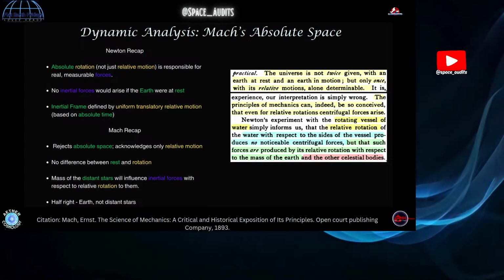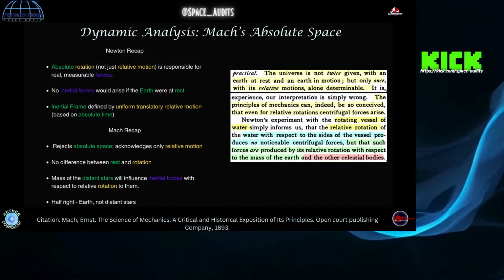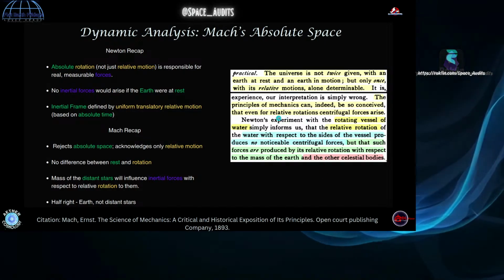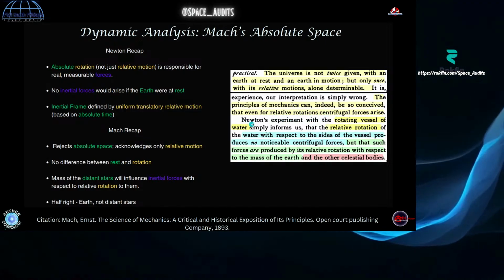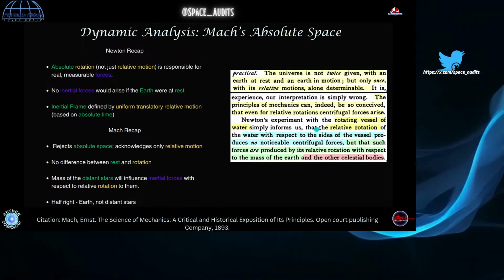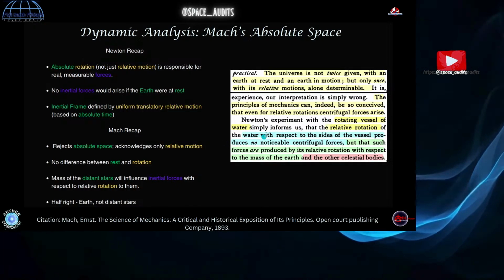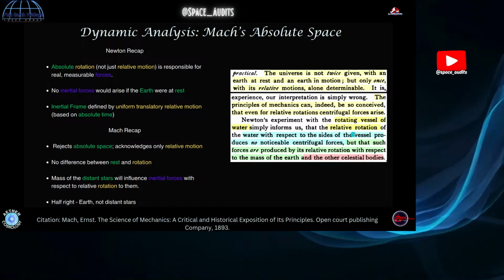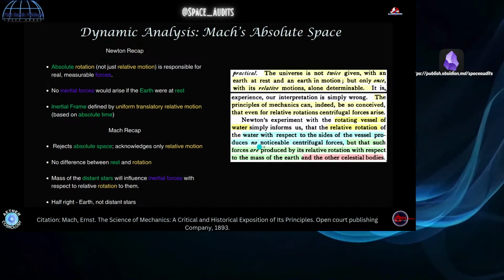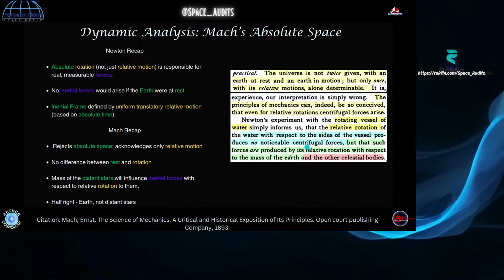But to quickly cover Mach's analysis of Newton's bucket, he says Newton's experiment with the rotating vessel of water simply informs us that the relative motion of the water with respect to the sides of the vessel produces no noticeable centrifugal forces, but such forces are produced by its relative motion with respect to the mass of the Earth and the other celestial bodies.